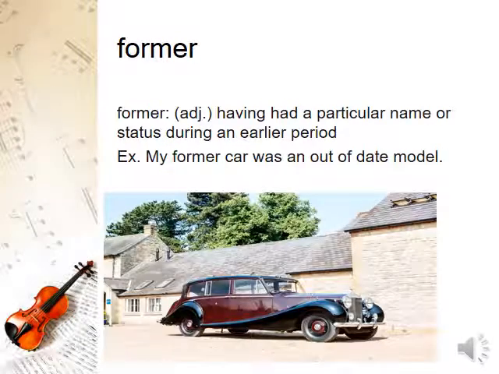Decline. Former is an adjective, and it means having had a particular name or status during an earlier period, something that happened before. My former car was an out-of-date model, so this is my previous car, but now I have another one.